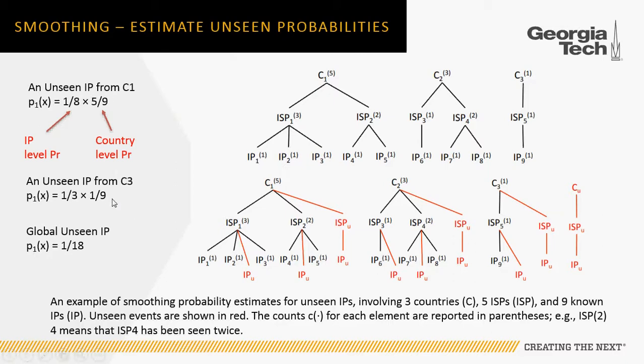Similarly, if the IP is from country 3, you have the probability of an unseen IP as 1/3 because you only have 3 IPs here, and the probability of this country is 1/9. So you can see now the unseen IPs from country 1 and country 3 will have different probabilities. That's how this smoothing works.